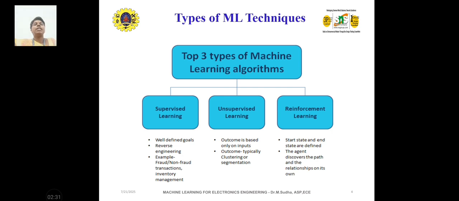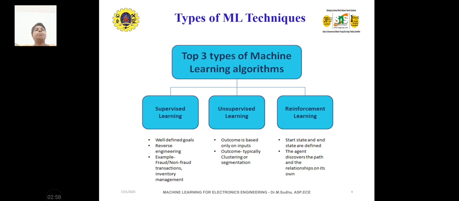And the top three machine learning types here are supervised, unsupervised, and reinforcement. Supervised has well defined goals, for example fraud versus non-fraud transactions. Unsupervised uses only inputs and outcomes, typically clustering and segmentation, for example customer-based. And coming to reinforcement, the start state and the states are defined.